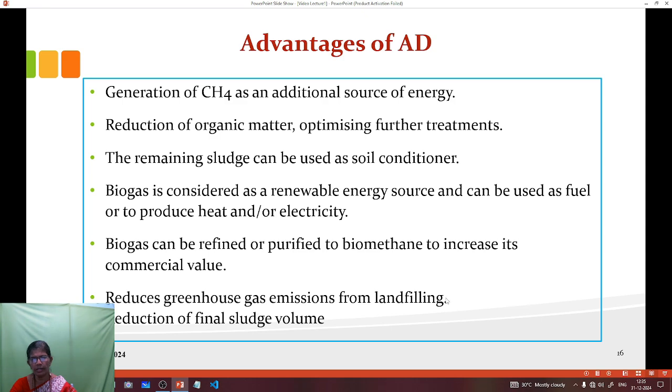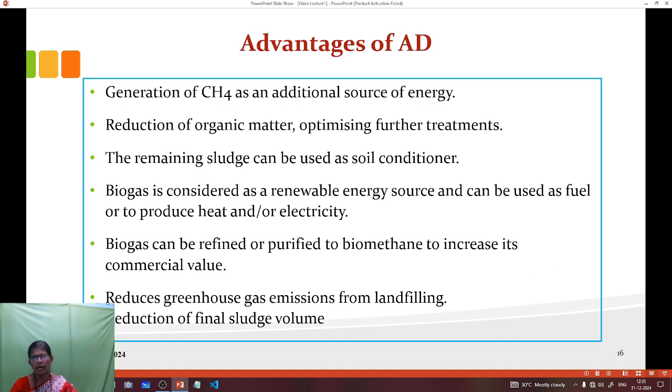Because if we place the sludge directly in a landfill, it will produce greenhouse gases. Since all the gases are collected in gas collectors during anaerobic digestion, it is free from greenhouse gas emissions, and the final volume is also reduced.